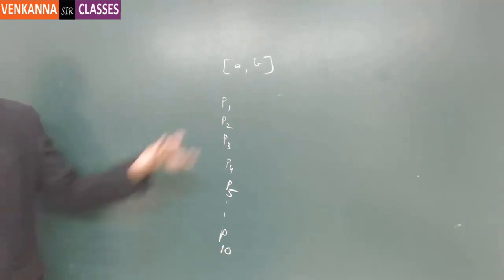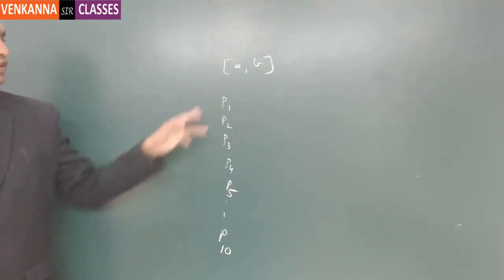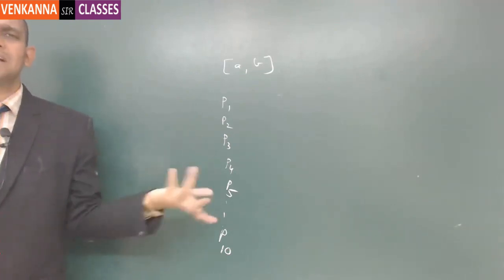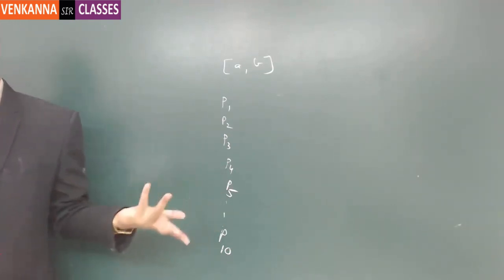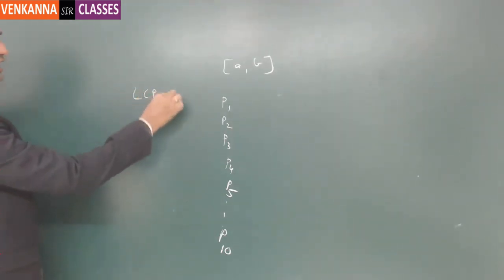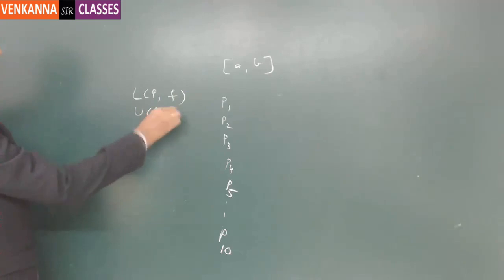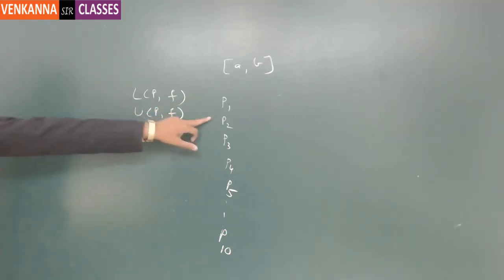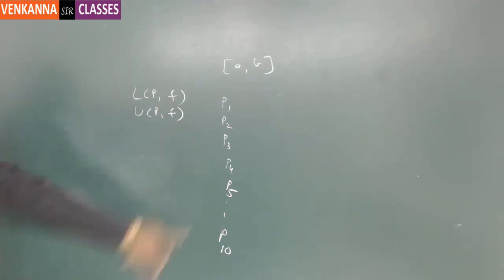You are randomly selecting some points between A and B. Whenever you take any two partitions, there may be some points common, or all the partitions are different. Now, for each partition, I will calculate the lower sum as well as the upper sum: L P1 F, U P1 F, L P2 F, U P2 F, and so on.